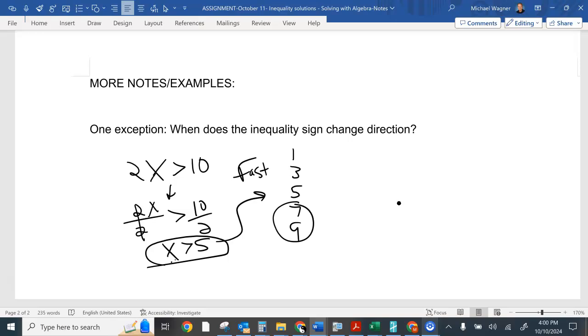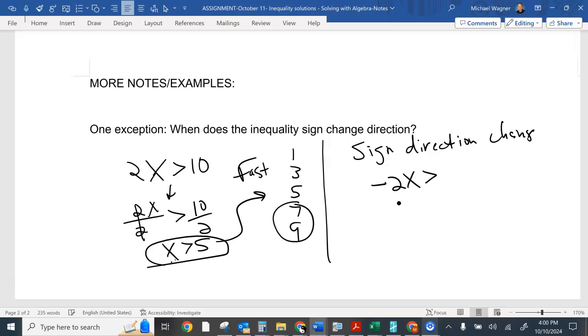But one thing to watch out for: the sign direction changes. So let's take negative 2x is greater than 6. What's one value that makes this true? To solve for x, we divide by negative 2, divide by negative 2. This cancels.